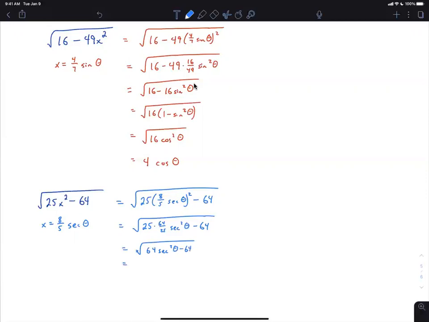The 64 factors out. Secant squared theta minus 1 is positive tangent squared theta. And now, aside from the absolute value, we can take the square root of that and get 8 tangent theta. So does everybody get what happened on every step?